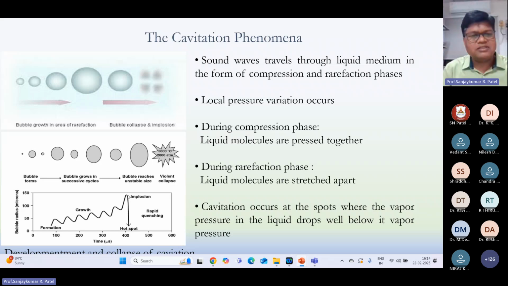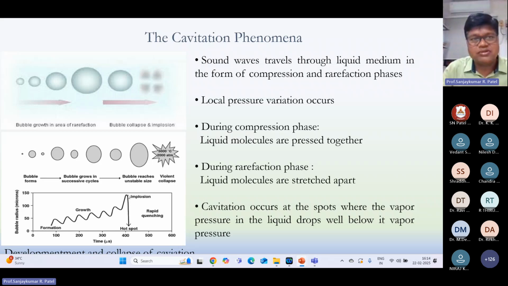So this is a phenomenon that we would like to use for the crystallization process. As I already said, when the collapse of the bubbles occurs, we have enormous energy in the form of temperature, 5,000 Kelvin, and pressure of almost 10^5 kilopascal.